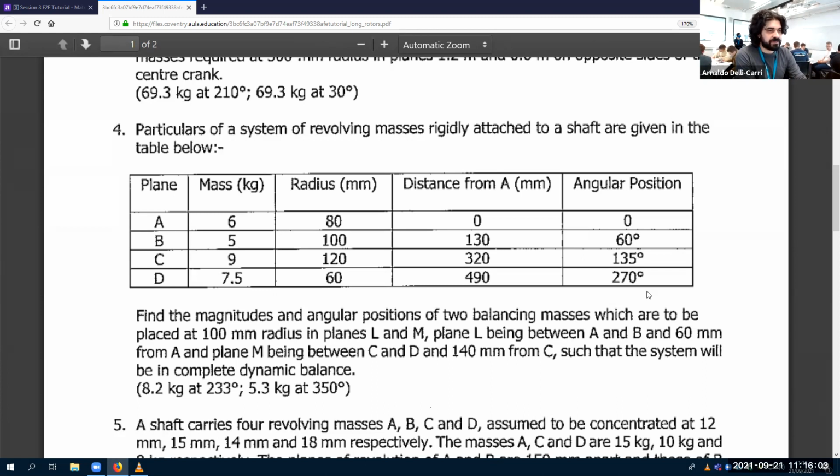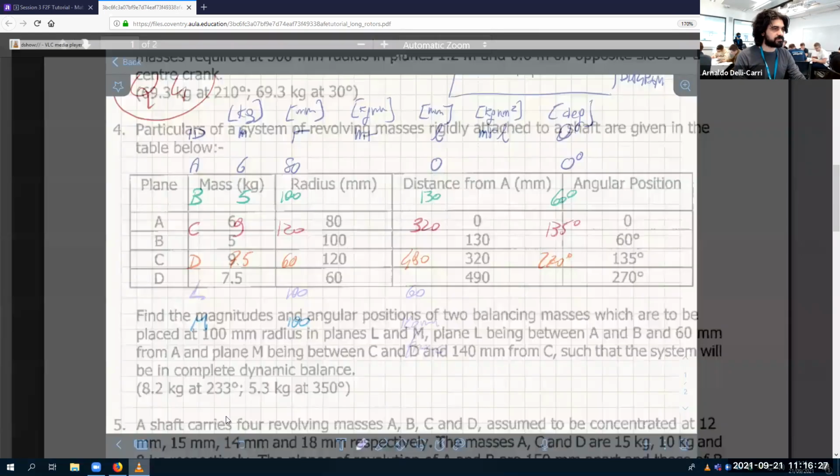Plane L is between A and B and 60 millimeters from A. So you can just say this is 60 millimeters from A. And plane M is between C and D, 140 millimeters from C. Now this we have to check. This is 140 millimeters from C. Okay, so this is what I gathered.